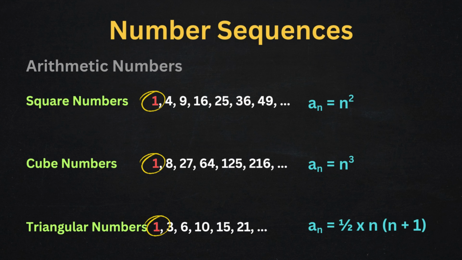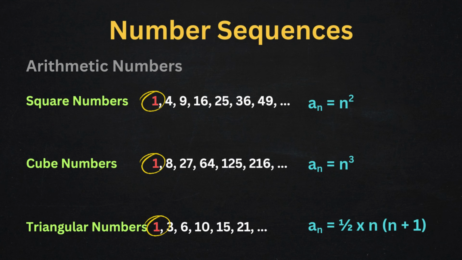Now remember, square numbers are 1, 4, 9, 16, 25, and so on. Cube numbers are 1, 8, 27, 64, 125, and so on. And triangular numbers are 1, 3, 6, 10, 15, and so on.